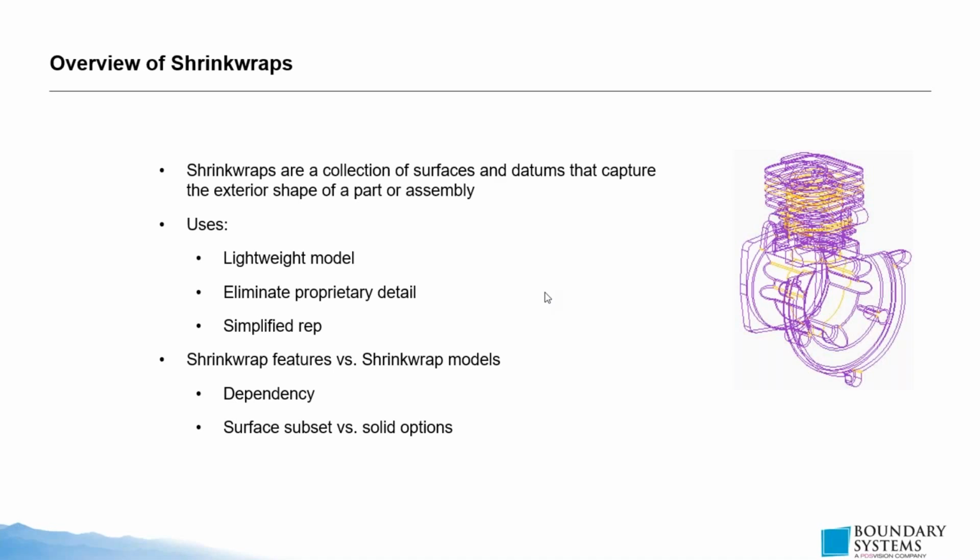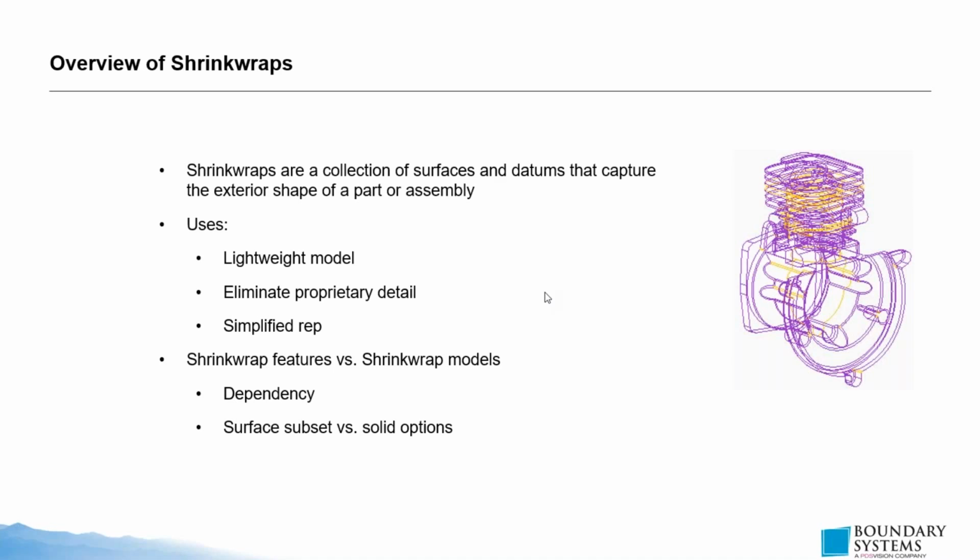A potential use of this is you could have lots of different representations depending on what you're doing. So for example, if you have an entire motorcycle, you could perform a shrink wrap of just the engine, for example. You could exclude a lot of components very easily, and as a result, you could swap between all of these simplified reps that would maybe include different snippets of information that you might find useful.